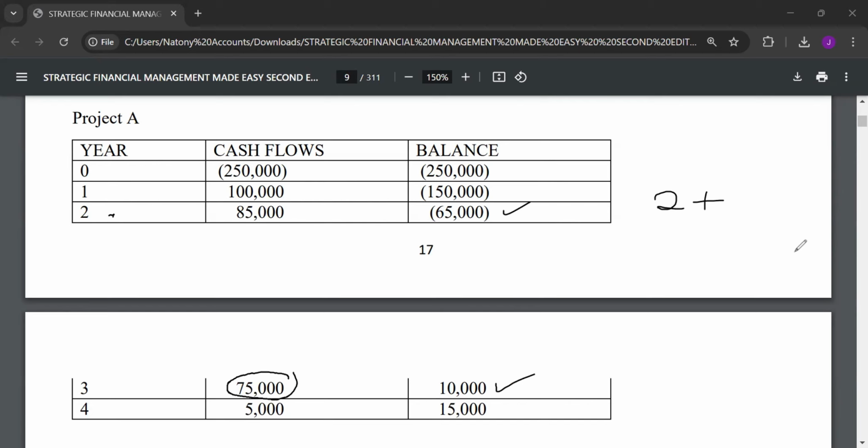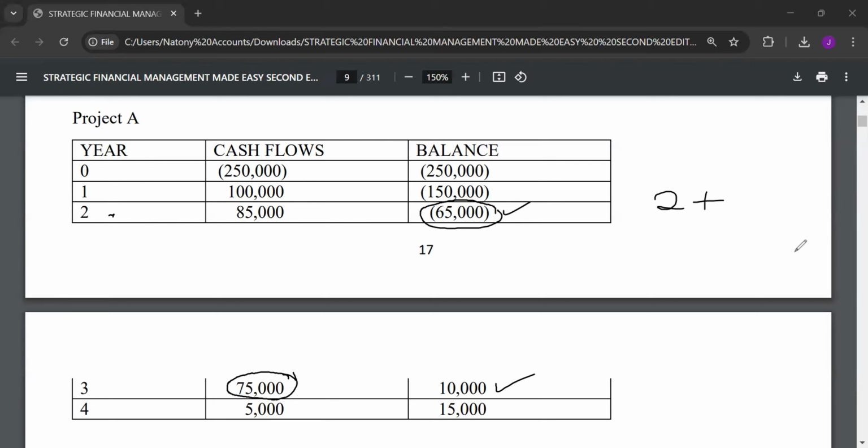Based on the assumption I said earlier on, that this 75,000 accrues evenly all through the year, how many months will it take me to receive 65,000? So you understand that at the end of year 2, what is left for you to receive is 65,000.